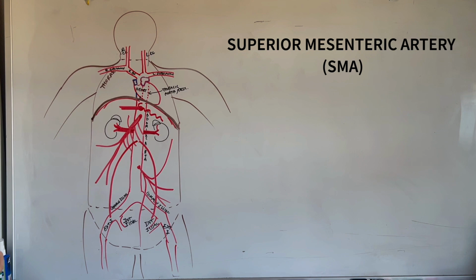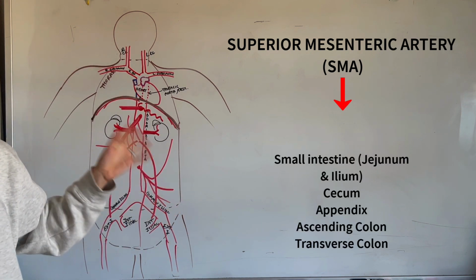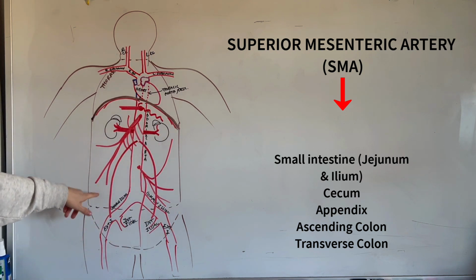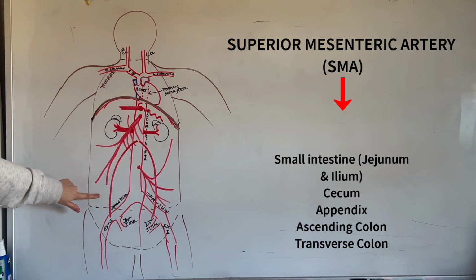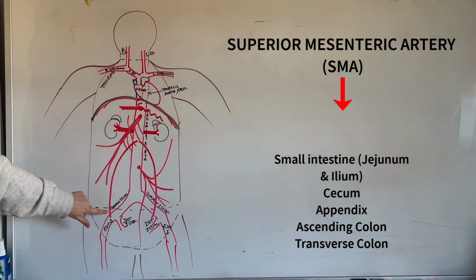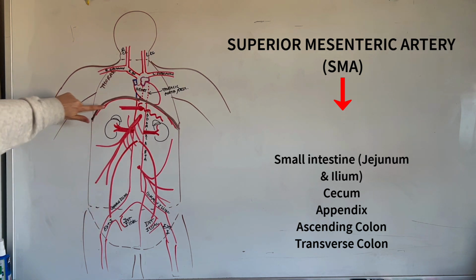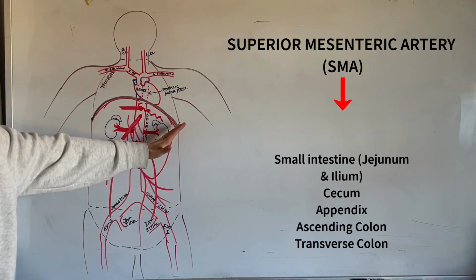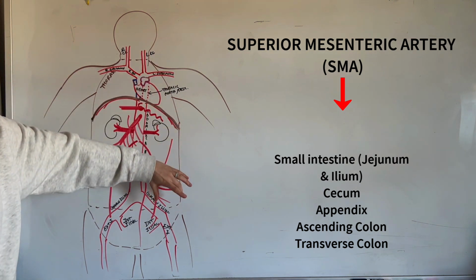Superior mesenteric artery is going to supply your small intestine, both jejunum and ileum, and is then going to supply from the cecum of your colon, the appendix, the ascending colon, and the transverse colon to this left or splenic colic flexure where the colon makes a turn.